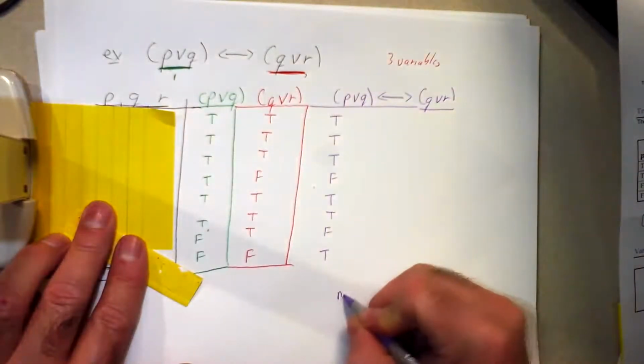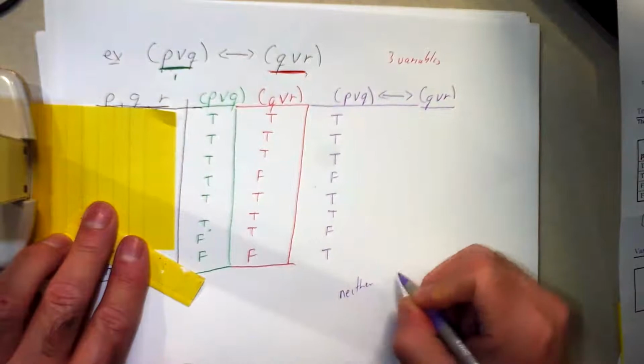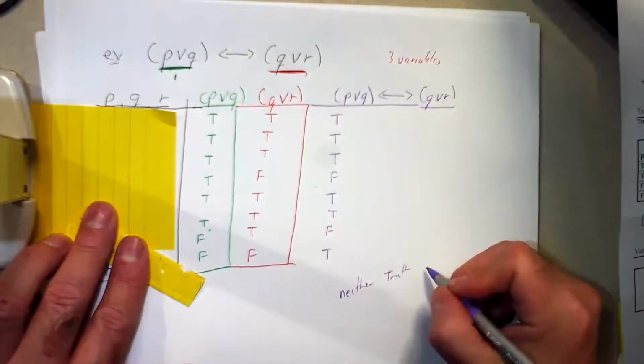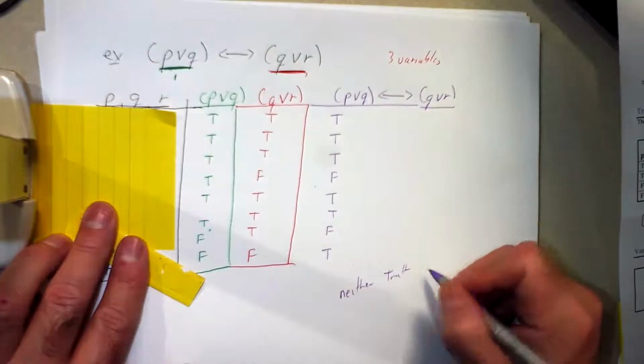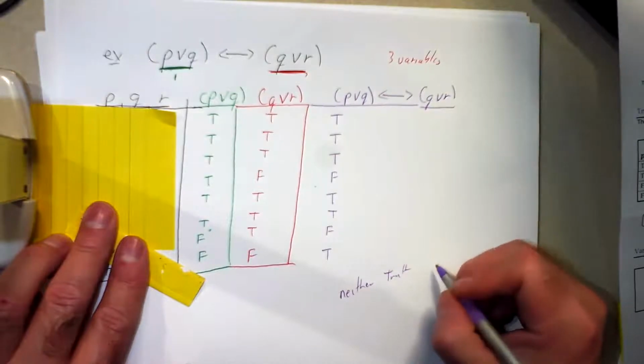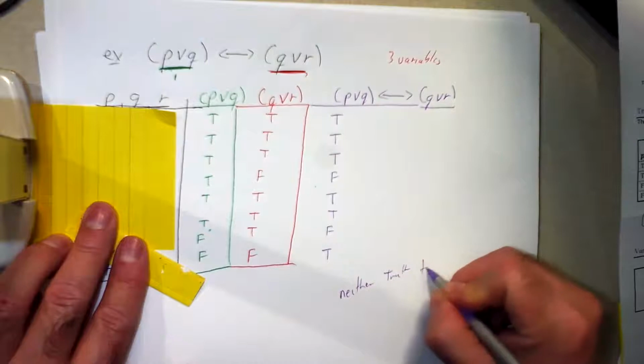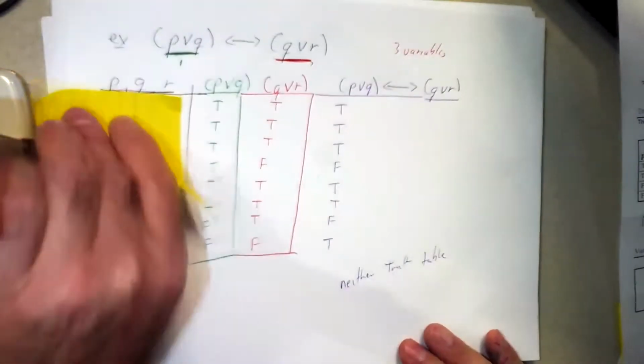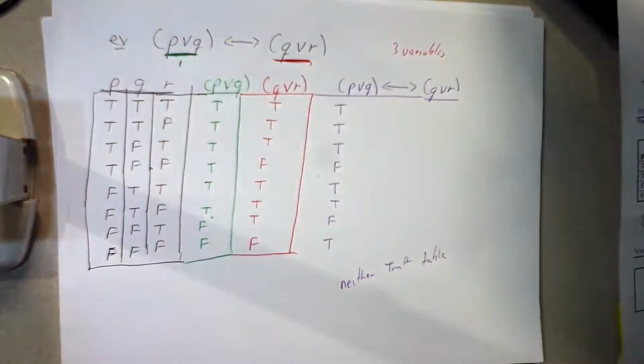This is a neither truth table. It's neither a tautology nor a self-contradiction. It's not that bad. You just have to take it step by step to work it out.